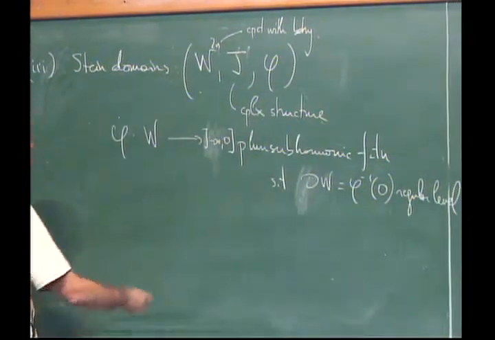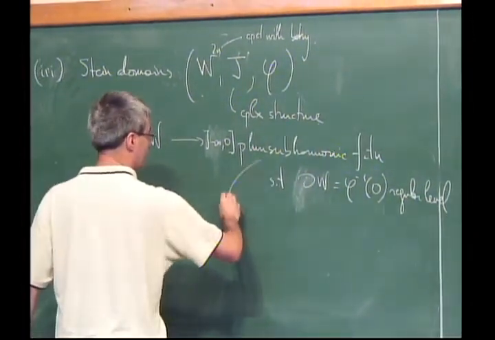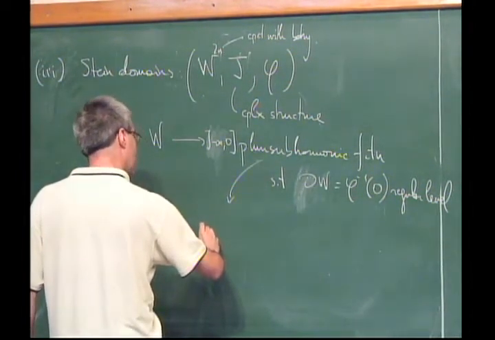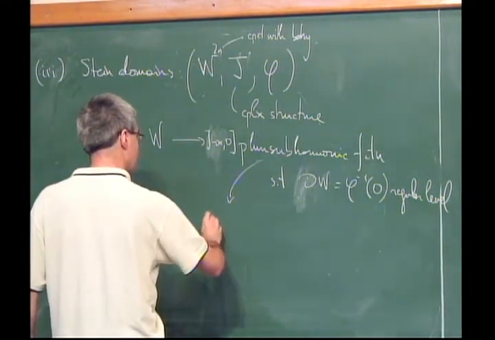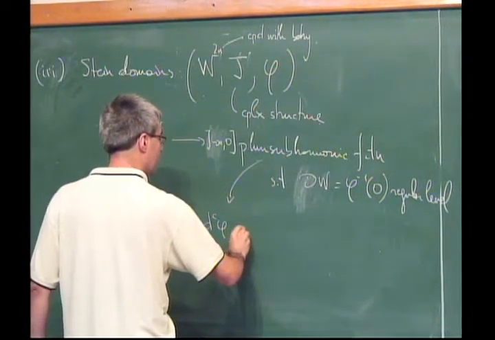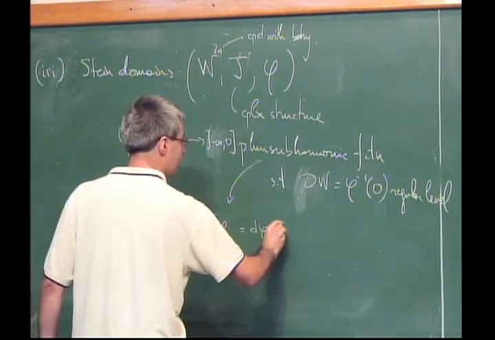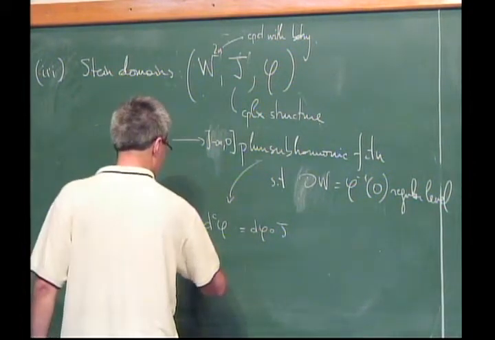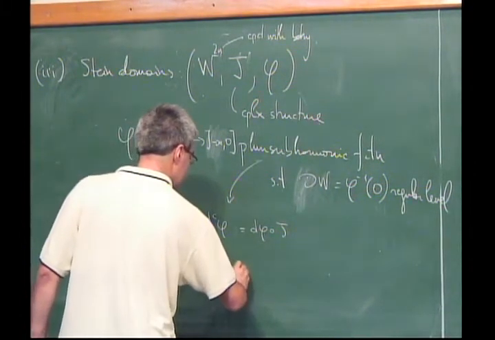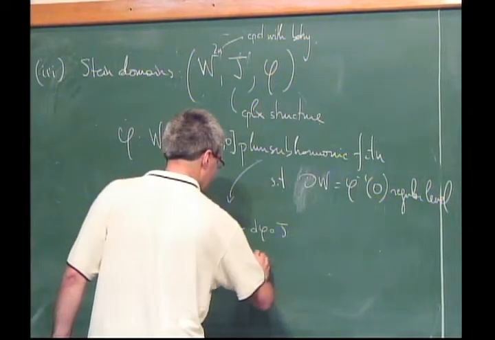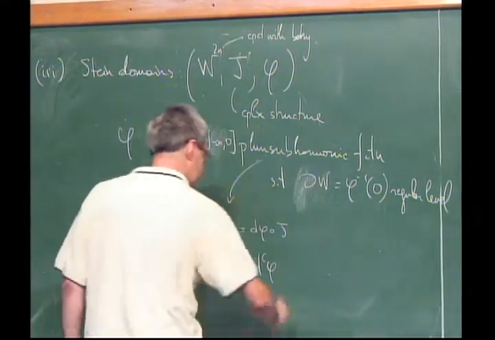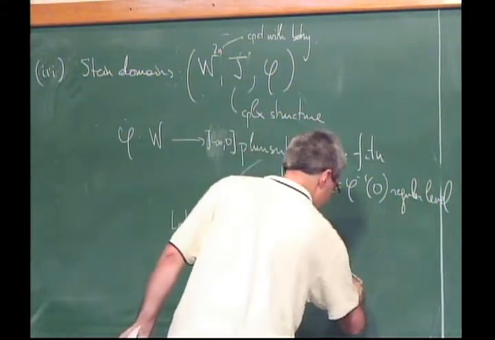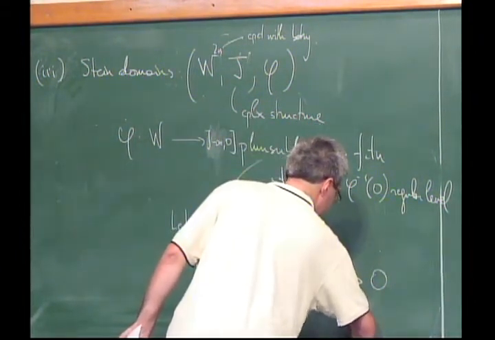And plurisubharmonic means the following. It means that if we consider d^c phi, which is d phi composed with J, then minus d d^c phi of (V, JV) is positive for every V which is non-zero.